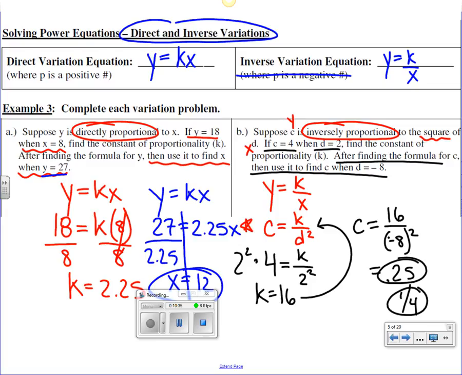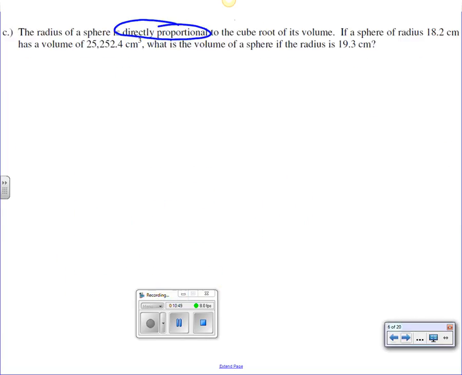So in direct variation, it means you multiply your constant with your variable. In inverse, you divide them. So direct means to multiply. So let's set this up. The radius is going to be r. Directly proportional means I put a k times the cube root of its volume.